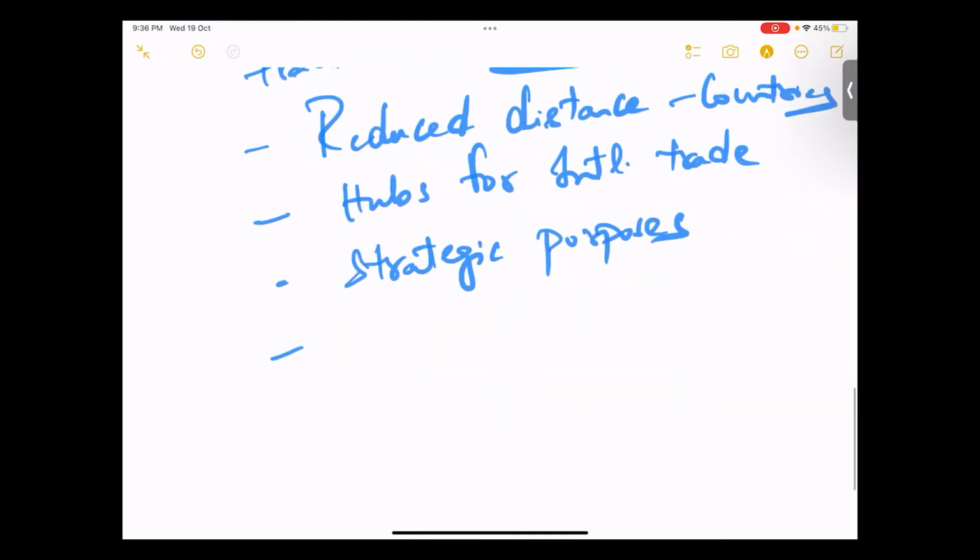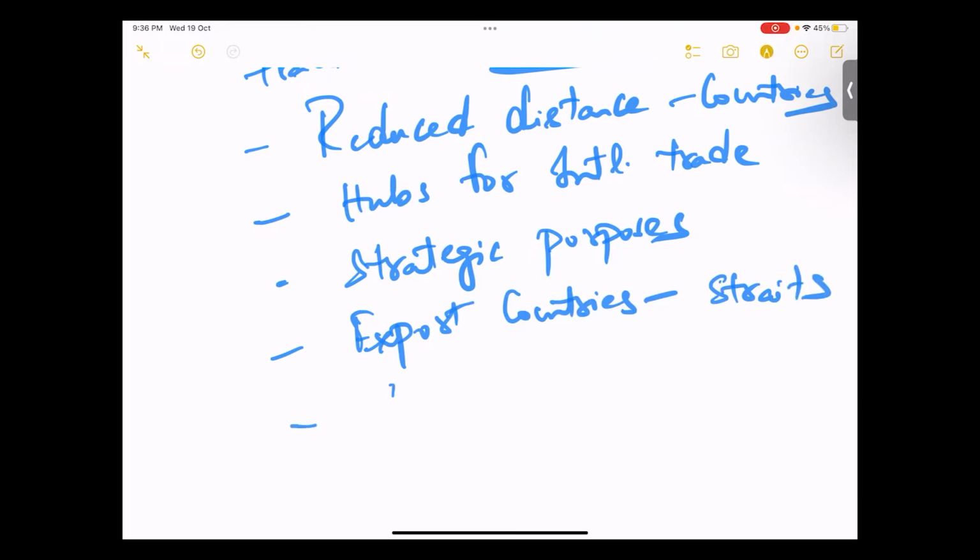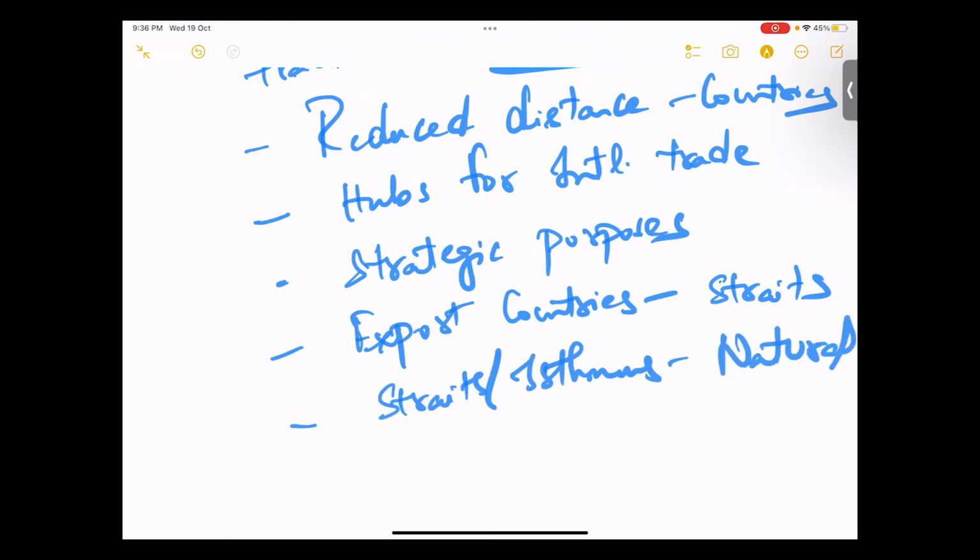And then some of the world's biggest export countries have access to these straits. And then some of the straits or isthmus are considered to be natural harbor points.